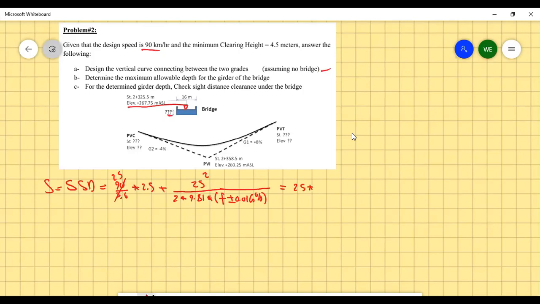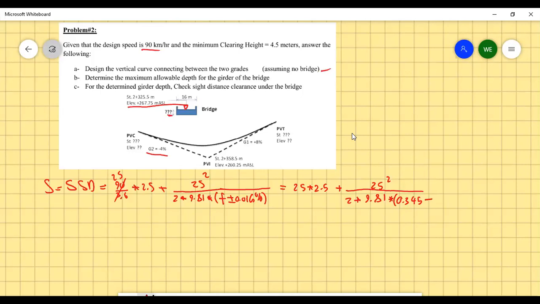Can someone tell me? G2, minus 4%. Okay, this is what you want to say.